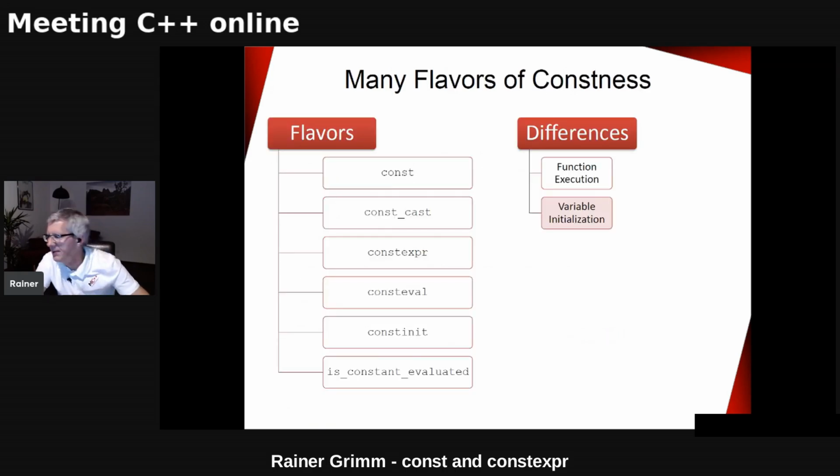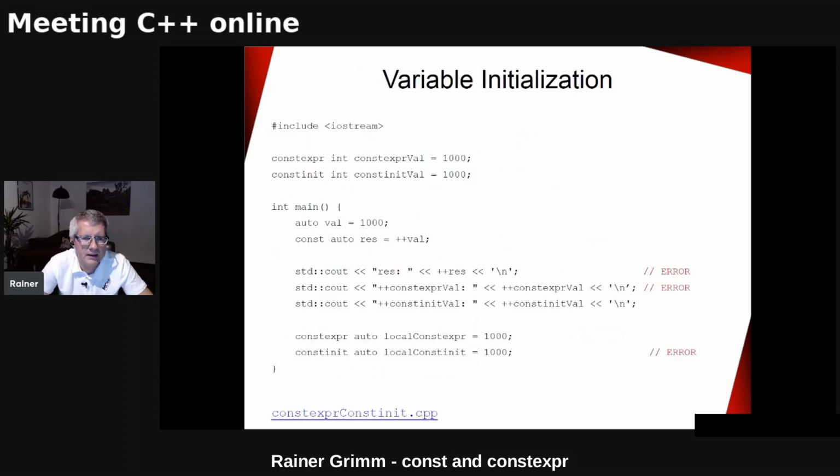Now let me talk a little bit about variable initialization. Have a look. I have constexpr and constinit. And here I have a usual variable and I add one to it and make it const. And now let's see the difference.